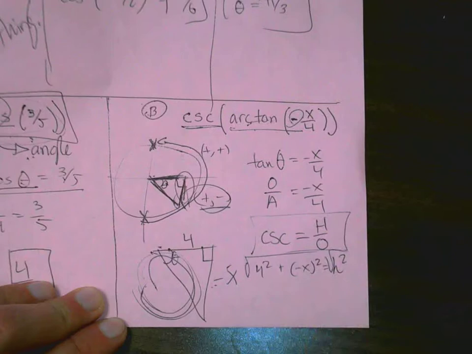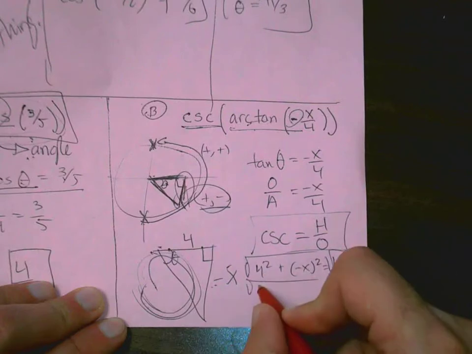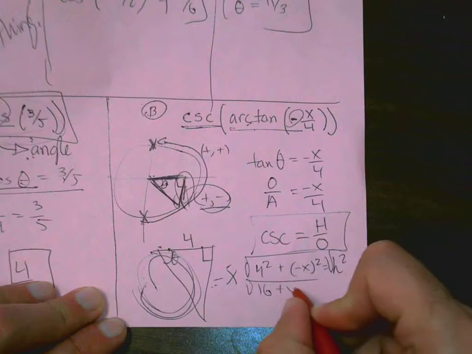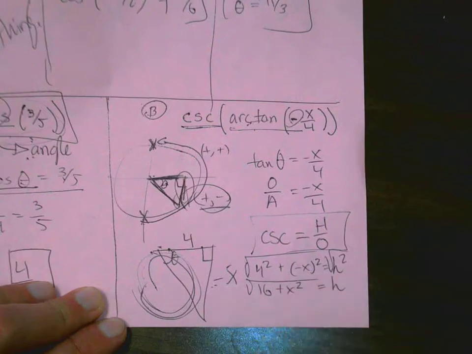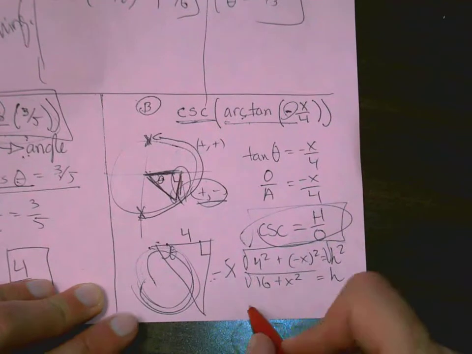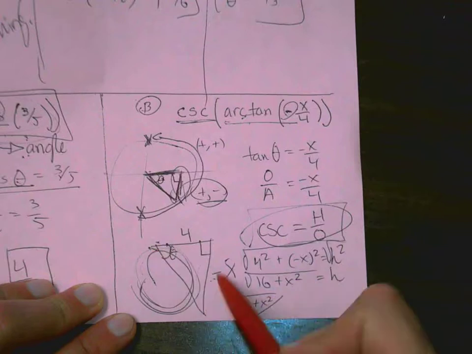Let's simplify this further. That would be 16 plus negative x times a negative x, so x squared. That's h. Now I've got to plug it into h over O. So I just write the square root of 16 plus x squared divided by, what's the opposite? Opposite is negative x. Done.